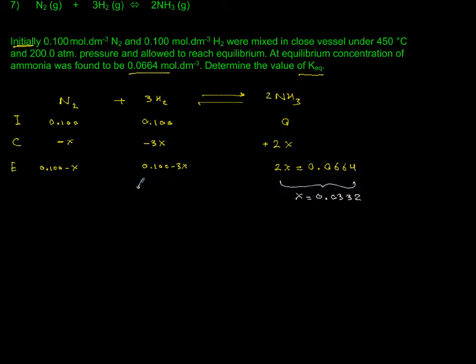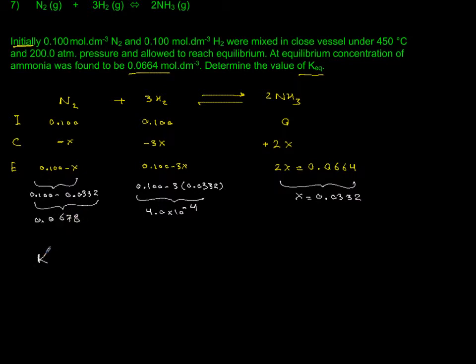Then let's just come here and calculate this. 0.100 minus 3 times 0.0332 will be an extremely small number. This is 4 times 10 to the minus 4. And for this, it's 0.1 minus 0.0332, and this becomes 0.0678. We have all the information.